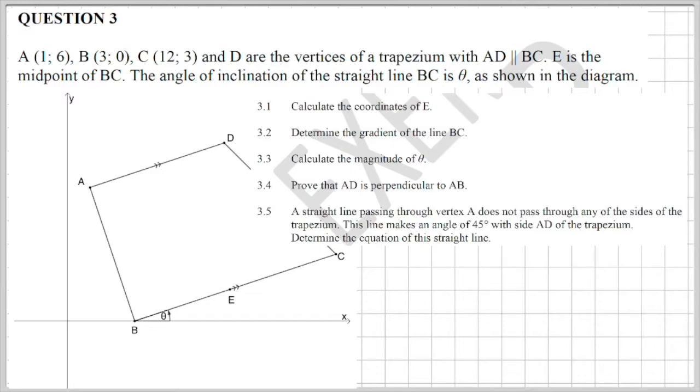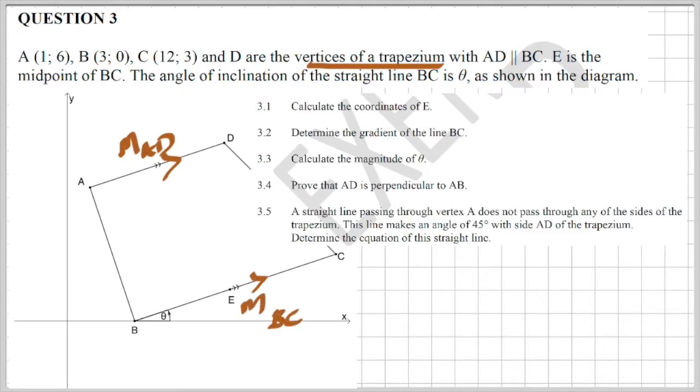So when we analyze this question, there's a bunch of very important things that you always need to think about. First of all, they tell me it is the vertices of a trapezium. So in other words, those sides are parallel. Even though it's not used much, I want you to remember that the gradient of AD is going to be equal to the gradient of BC.